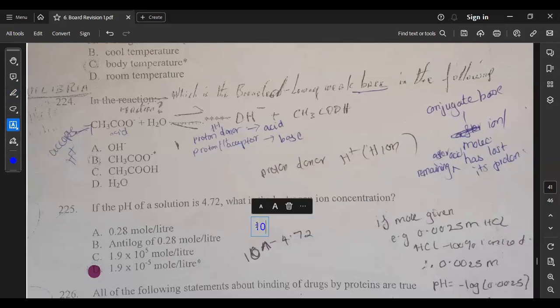Is that okay, Hasna? Yes, Sunshine, that's okay, but you are too fast. pH is the negative log of the concentration of hydrogen ions. So if you do the anti-log of negative 4.72, you end up with answer D.